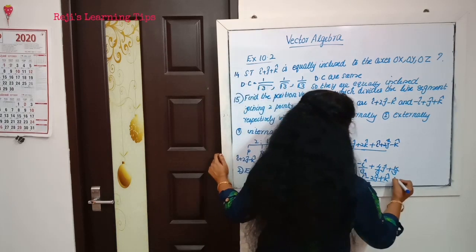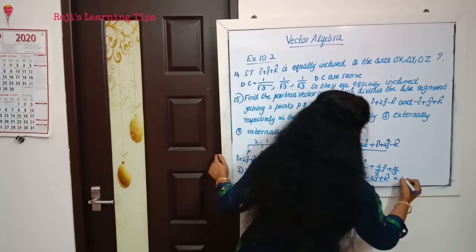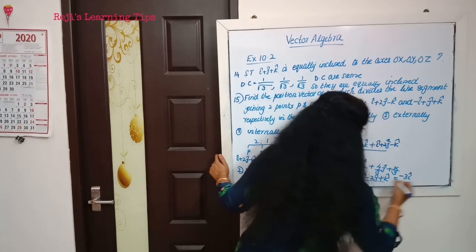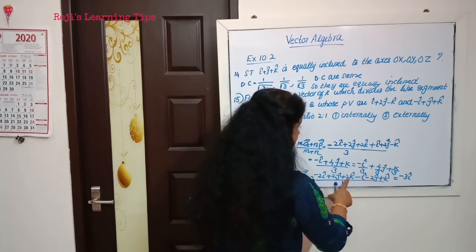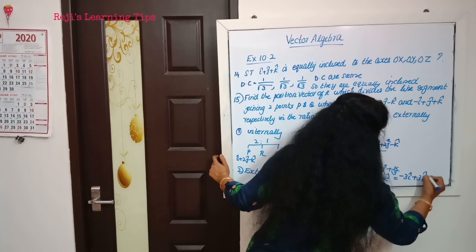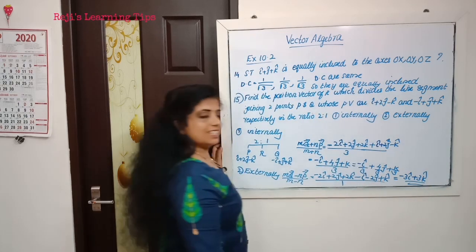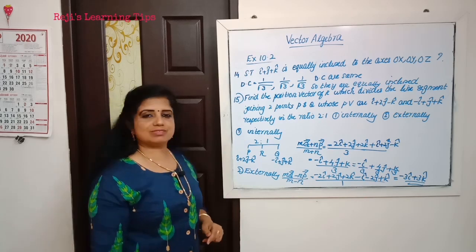Then we will get minus 2 minus i, that is minus 3i cap, then 2j minus 2j is 0, then 2k plus k means 3k. Understood? Then we can see the next problem.